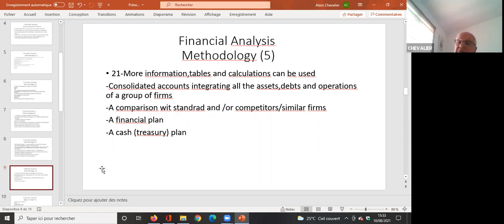And you cannot compare a luxury company and a trading company. And you cannot say, a luxury firm I know very well has done 4 times better in terms of return on equity or in terms of return on sales than my trading company. So be very careful, you also have to make comparisons with similar firms.